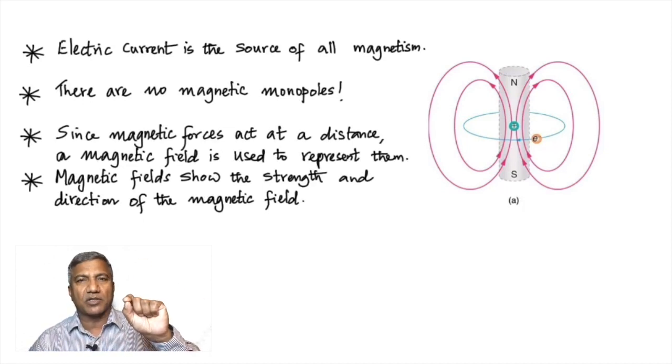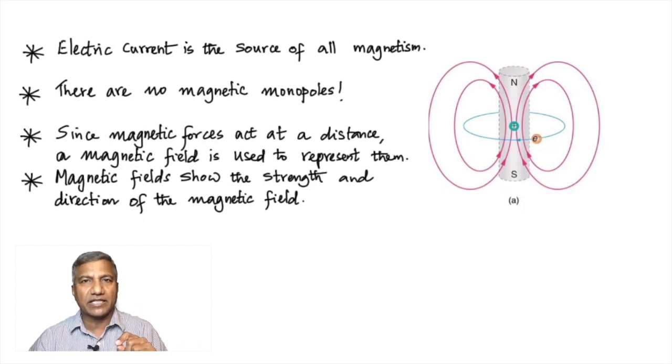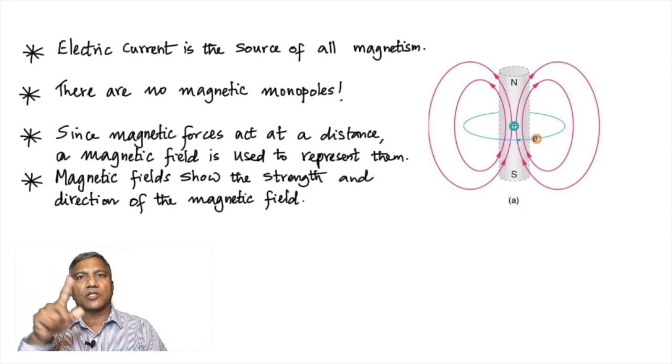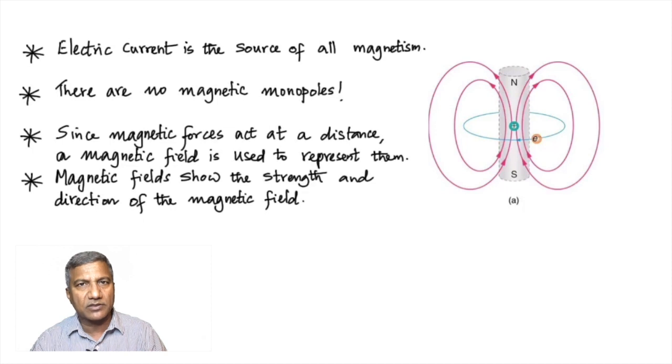They start on a positive charge, end on a negative charge. But a magnetic field is always closed. It begins on a north pole, so to say, and then doesn't stop at a south pole, but continues to loop around back to the north pole. So magnetic field lines are closed loops.